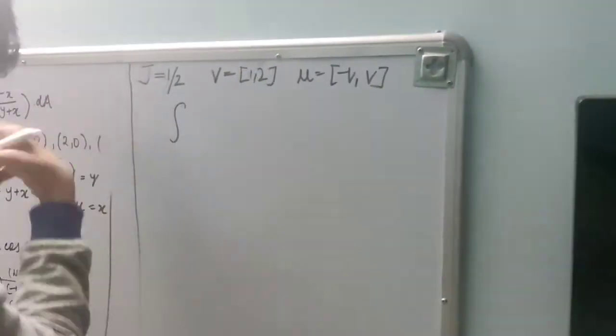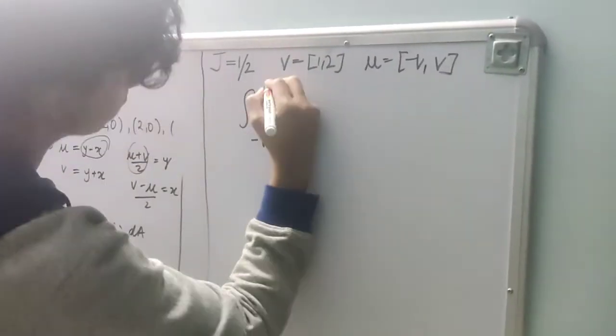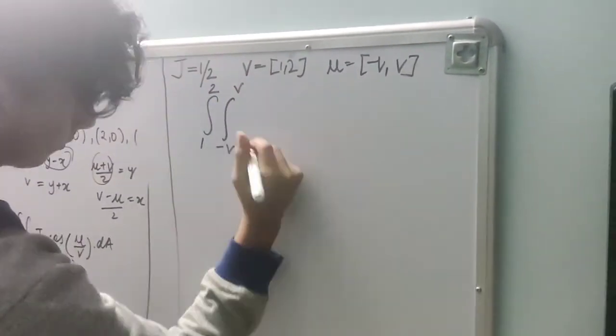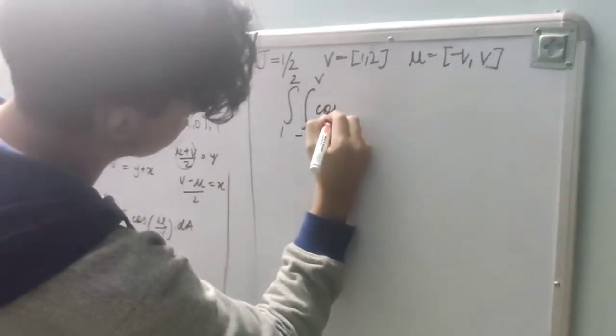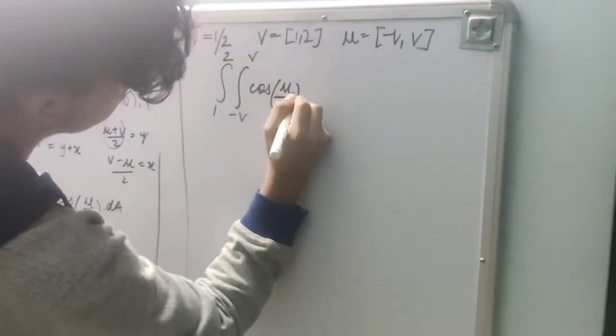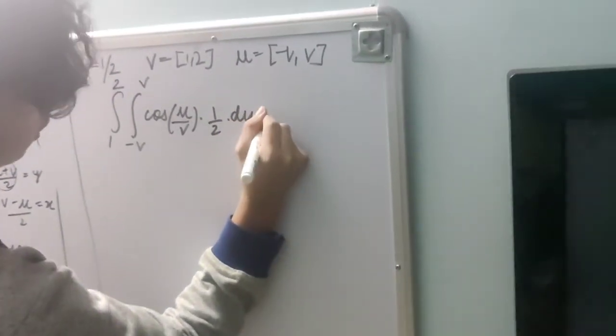So we can change this integral here. So we have minus v to v and 1 to 2, and we have the integral cos(u/v) times the Jacobian, which is half, times du dv.